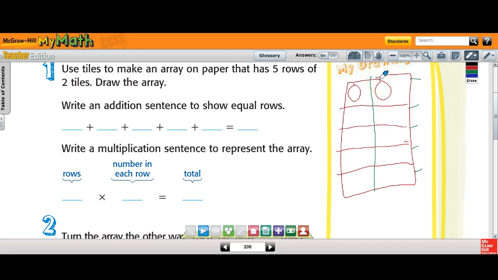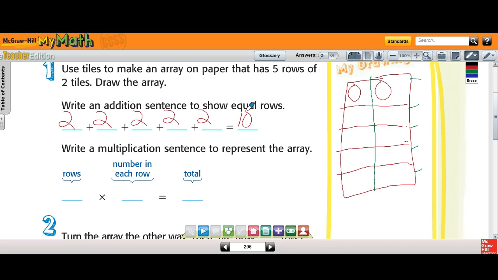How many in each row? Two. How many is in the next row? And the next row after that. So I can use repeated addition to solve the answer, which is 10. Or I could use a multiplication sentence to represent the array.